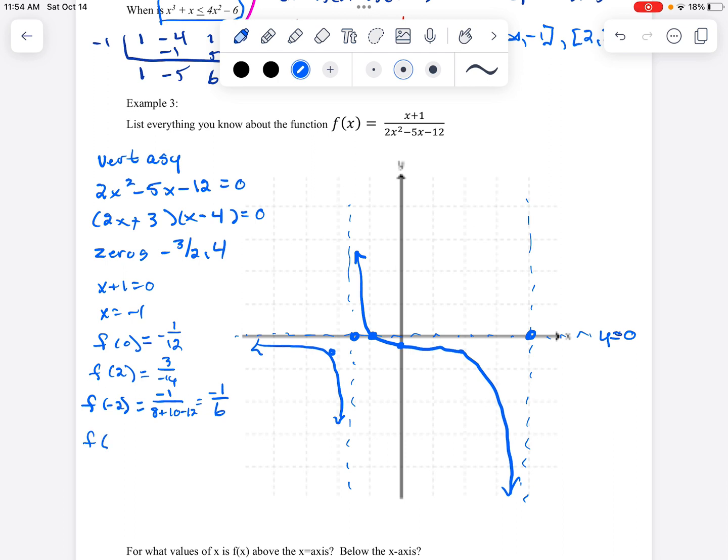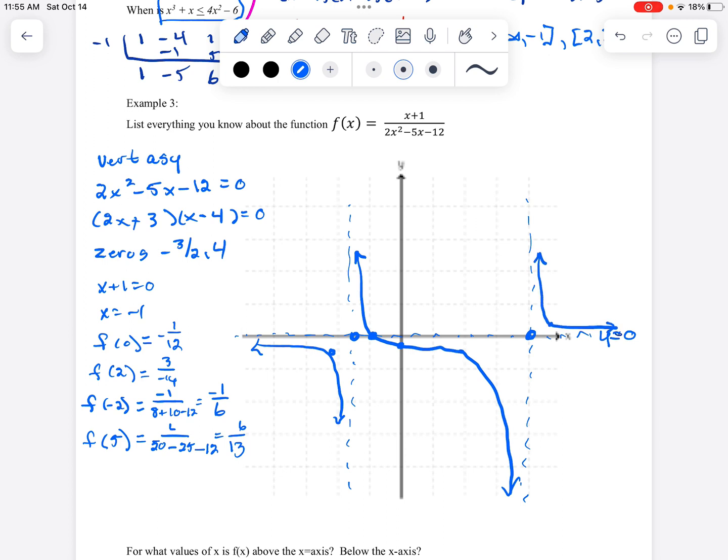And if I get something on the right side of the asymptote, x equals 4, I would have 6. 2 times 5 squared, 2 times 25 is 50, minus 25 minus 12. So that's going to be, what is that, 6/13? So that tells me it's on top.